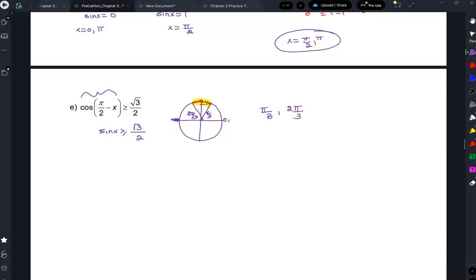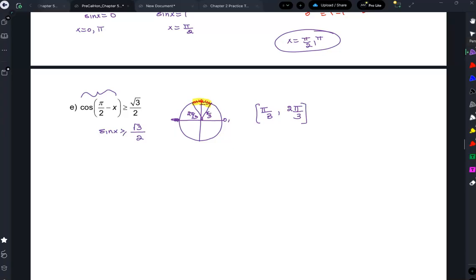Now, we're being asked, where is sine of x greater than or equal to root 3 over 2? And because it's greater than or equal to, we also take the pi over 3 and the 2 pi over 3. So this is going to be closed brackets.